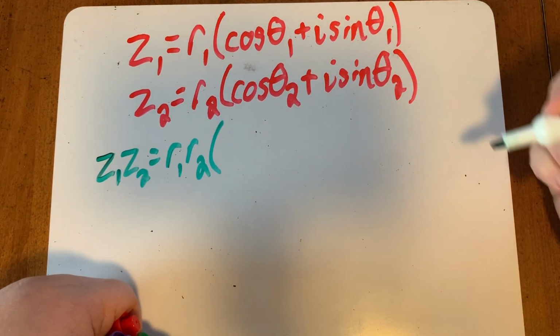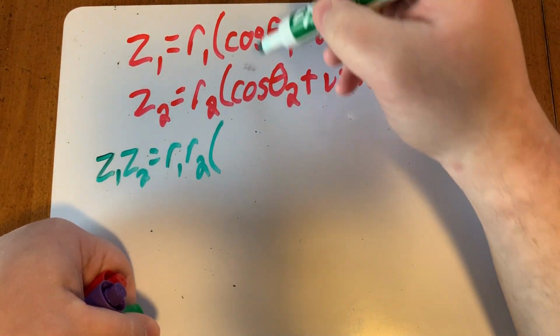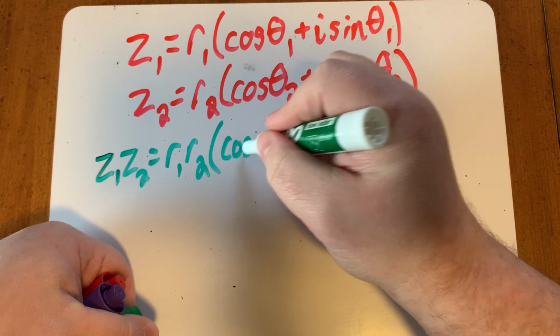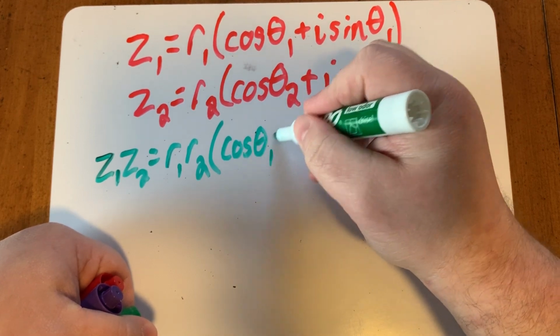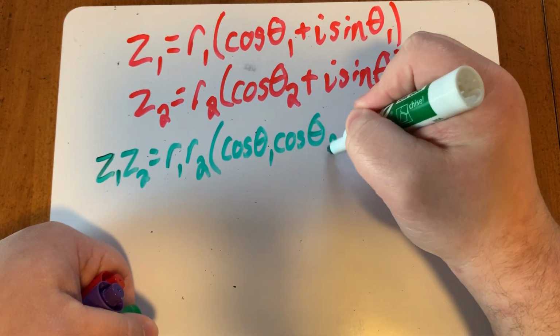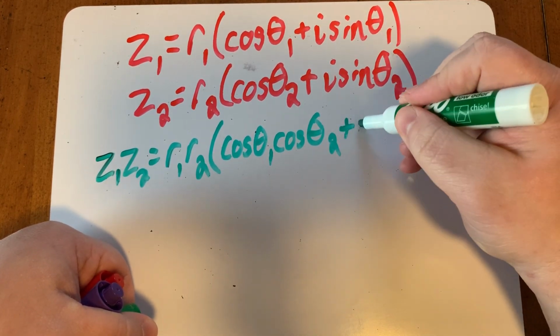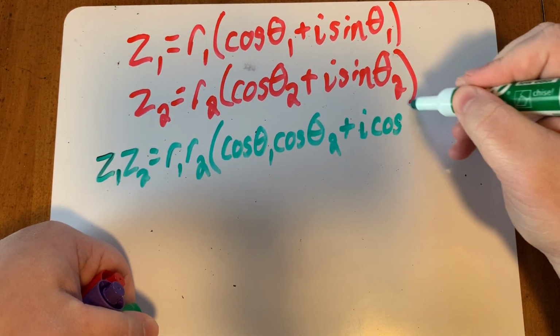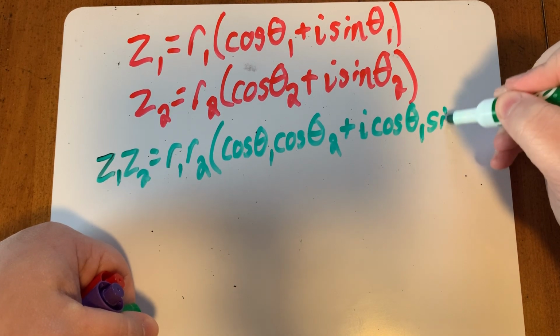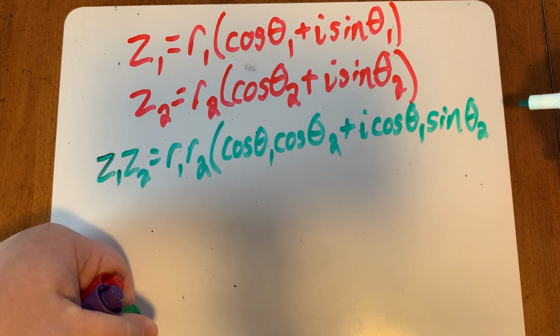But then these binomials we could distribute through. Cosine times cosine, so cosine of theta 1, cosine of theta 2. And then cosine times that i sine, so plus i cosine of theta 1, sine of theta 2.